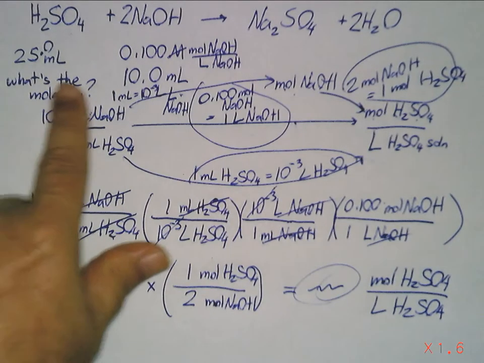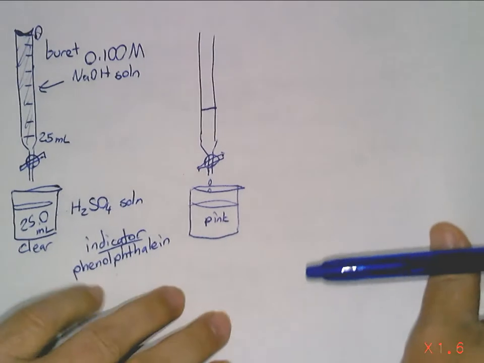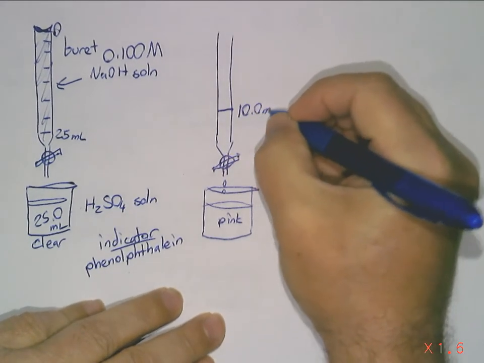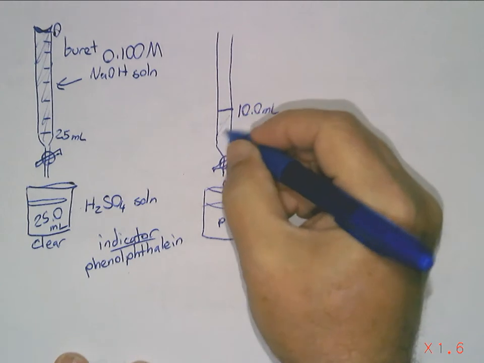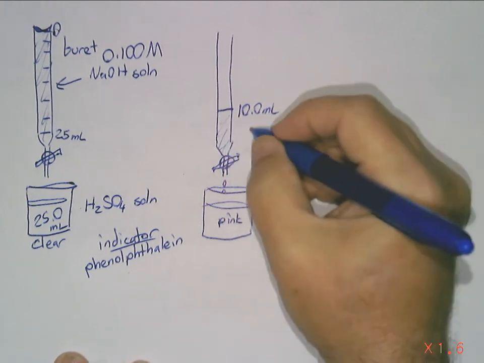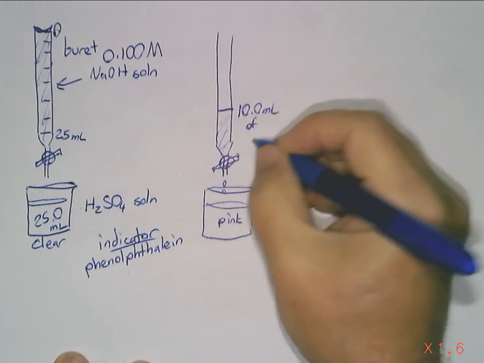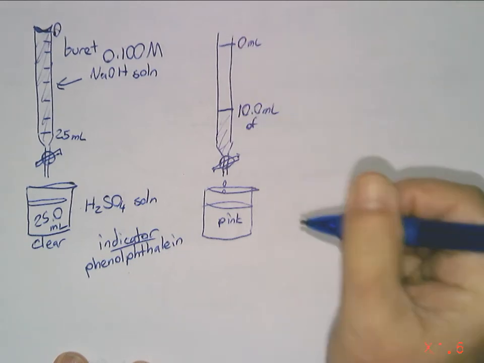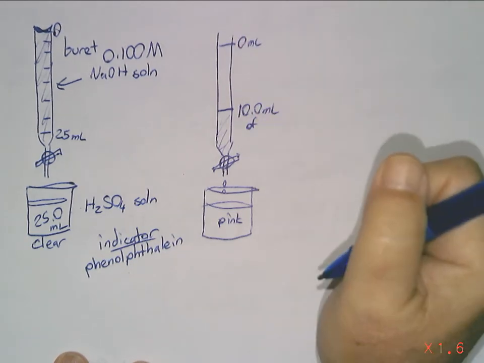And we said what? It took 10 milliliters of that sodium hydroxide solution. Now I started it at 0 milliliters and I ran it down to 10, so 10 milliliters was dispensed.